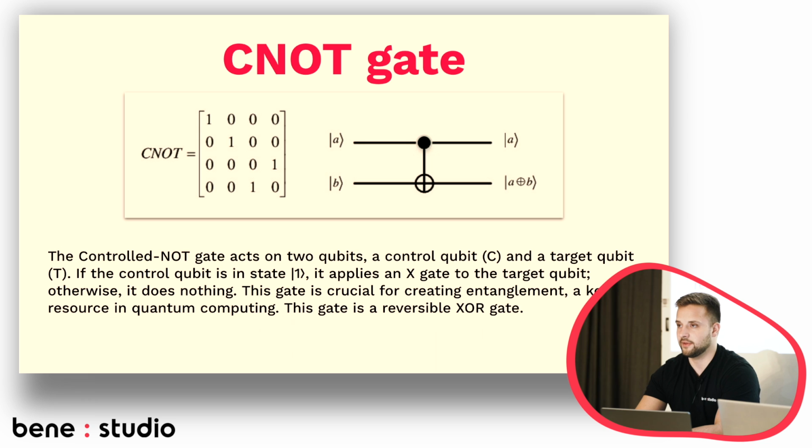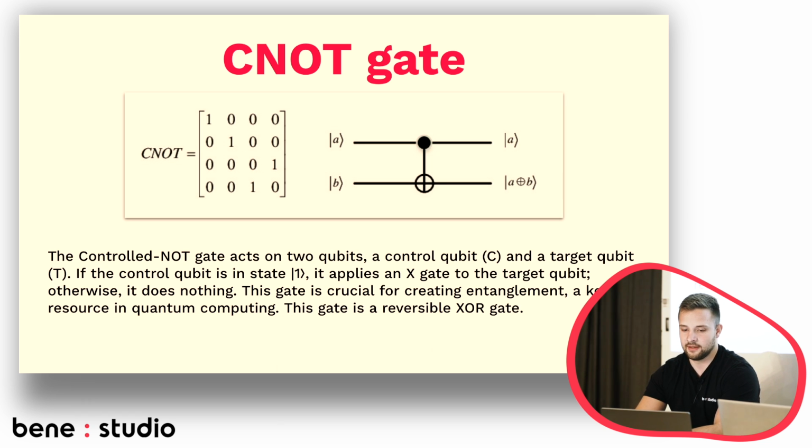Probably one of the most important is the CNOT gate. It's called the controlled NOT gate, which acts on two qubits. The first one is the control qubit, and the second one is the target qubit. If the control qubit is in state 1, it applies an X gate to the target qubit.